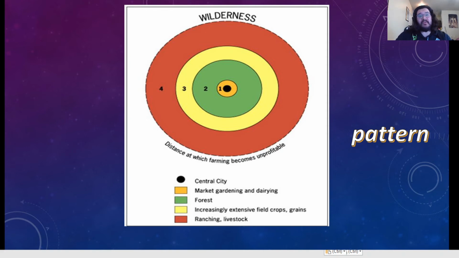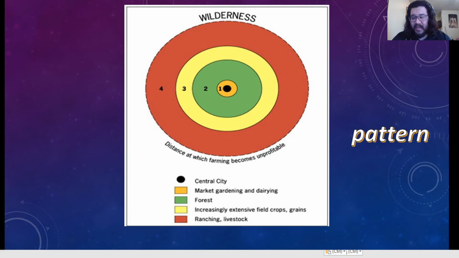Right, we still want to be able to apply this model to understand not just what the model says, what the model tells us, but why the model is the way it is. And that's the whole point of models in the first place. They're supposed to represent some trend or feature phenomenon going on in the world. And part of that is understanding what the phenomenon is, right? How land is organized around a central city.